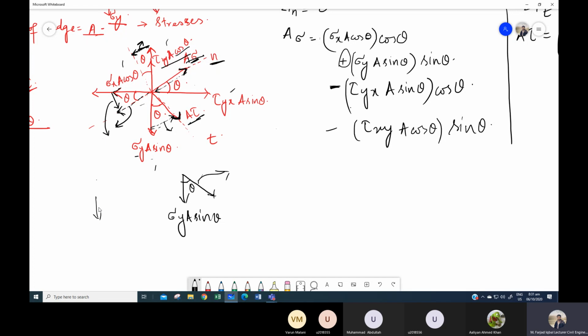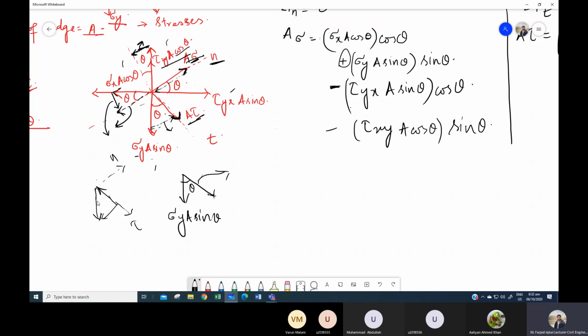This is sigma y, and it will be in this direction.